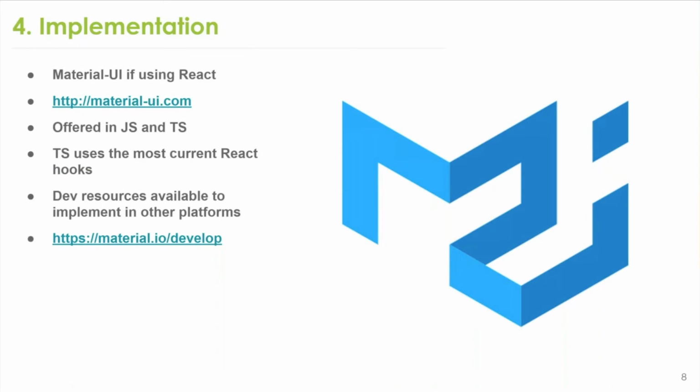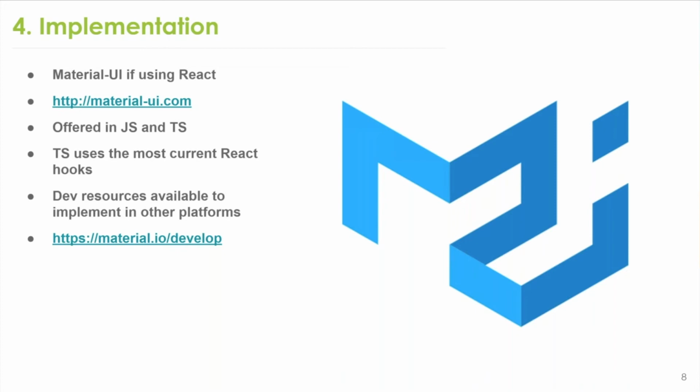Implementation. So Material UI and Material Design are very different. Material Design is the methodology and the research, whereas Material UI is the implementation of that research. We are using React as our code base, and I'm constantly on the Material UI website to find the correct component.